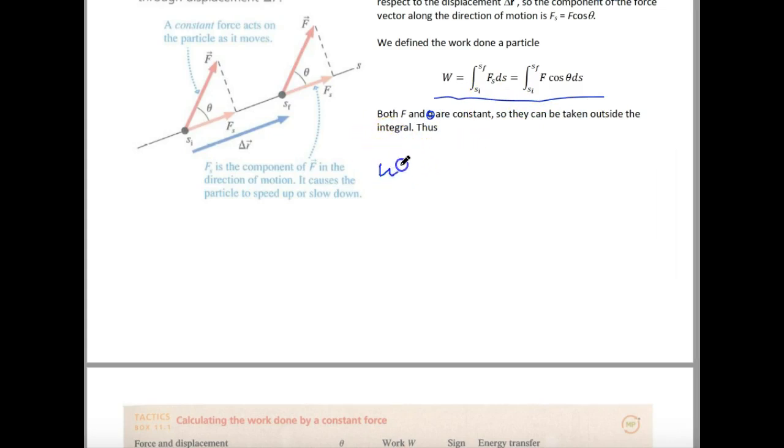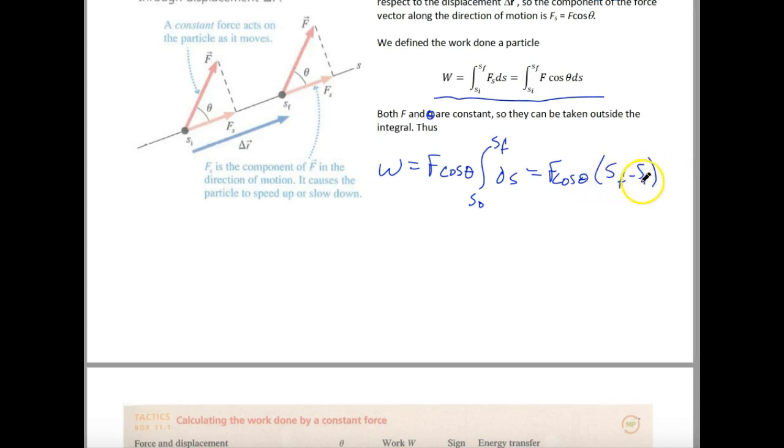So what we're going to end up with is this. Work is equal to force times the cosine of the angle, and then we're going to integrate from s_o to s_f, and we'll integrate ds. So this really is equal to F times the cosine of the angle times s_f minus s_i.